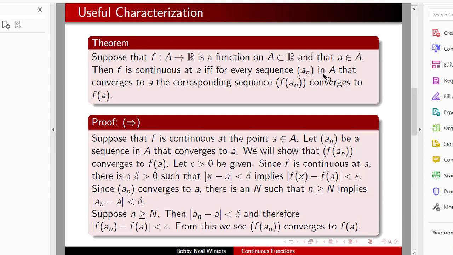We're now going to prove a characterization of continuous functions in terms of how they relate to the limits of sequences.